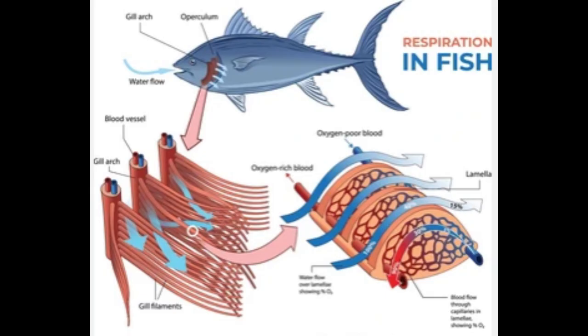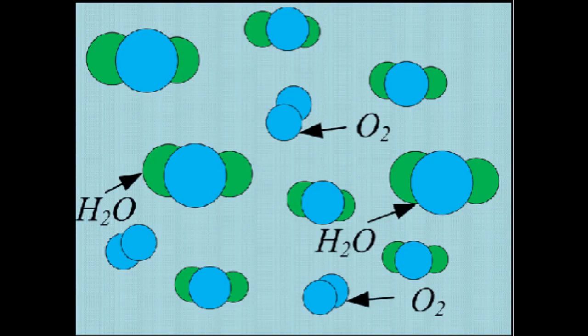Students, remember the rate of breathing in aquatic organisms is faster because the amount of dissolved oxygen in the water is lower as compared to the amount of oxygen in air. Aquatic organisms like fishes obtain oxygen from water, which is present in dissolved state, through their gills.